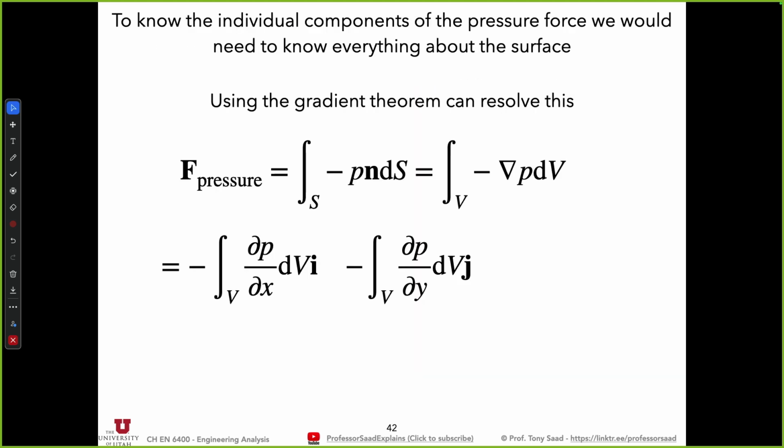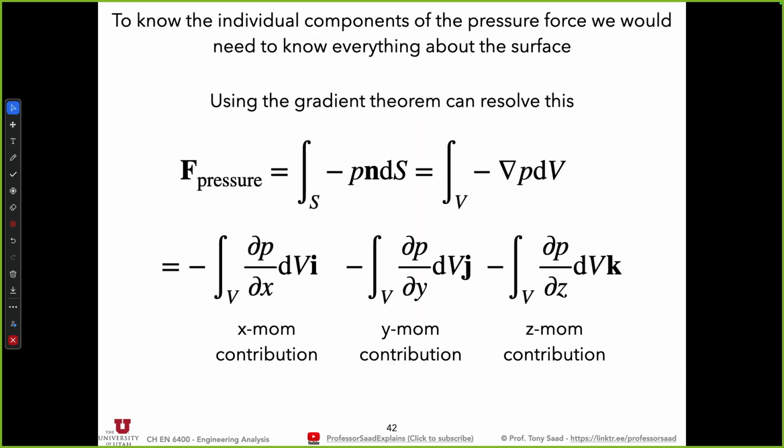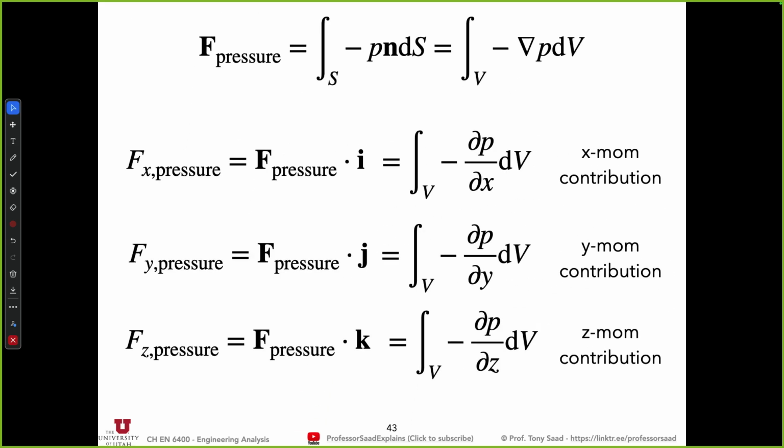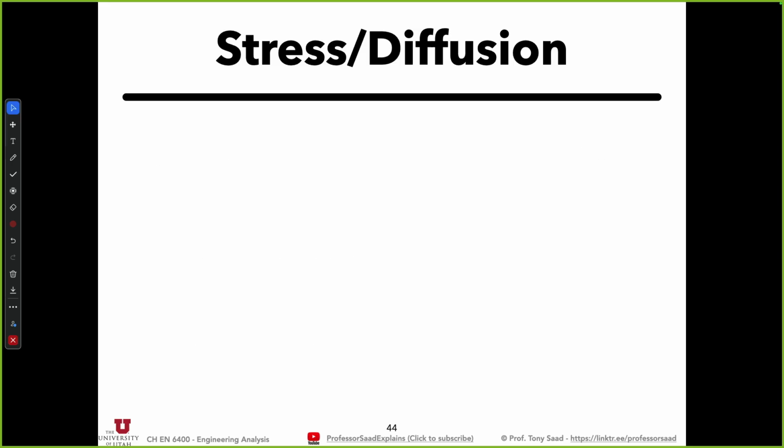Any concerns, any comments, anything not clear here before we move on? Okay. Next, and the most important part, is the stress and diffusion external force.